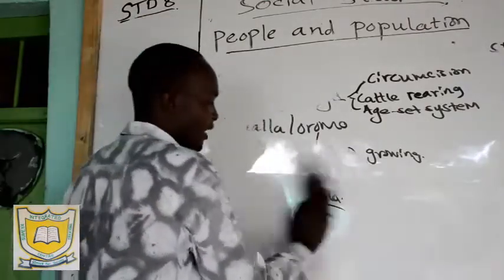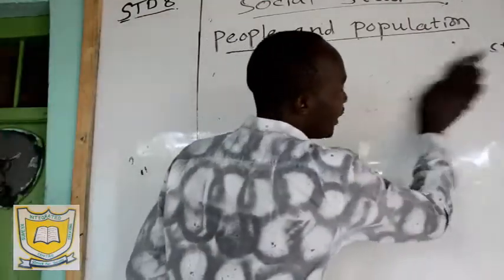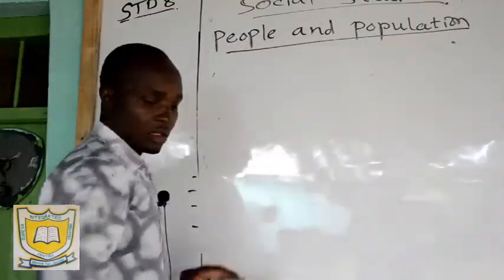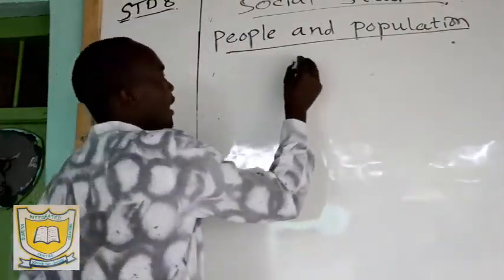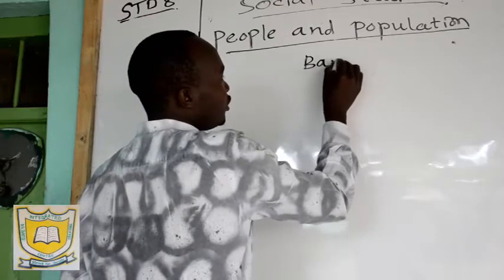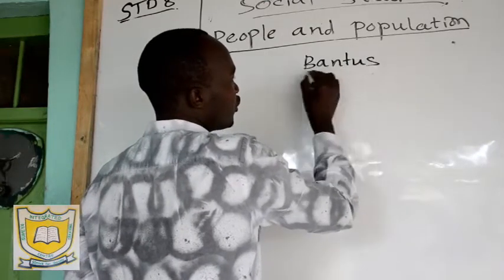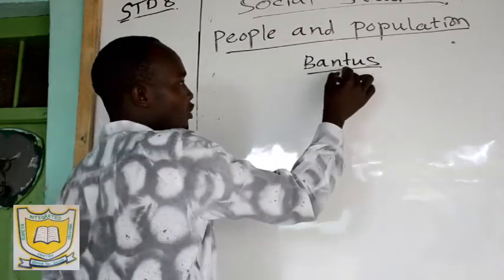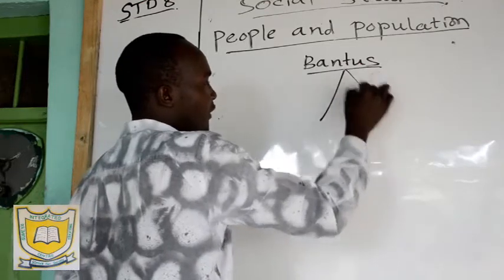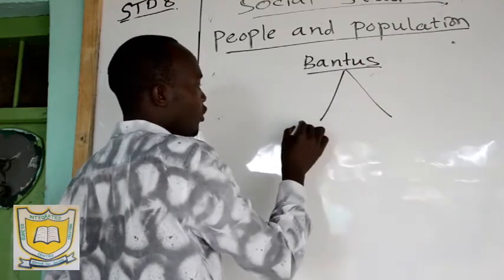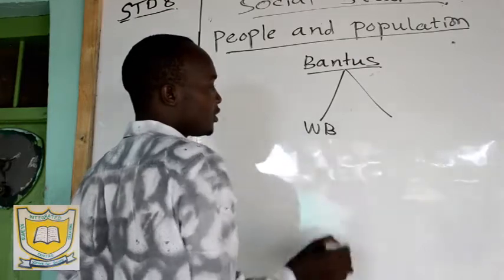And then we have another one now. We want to look at how Bantus in Kenya are divided into some groups. So Western Bantu are here.